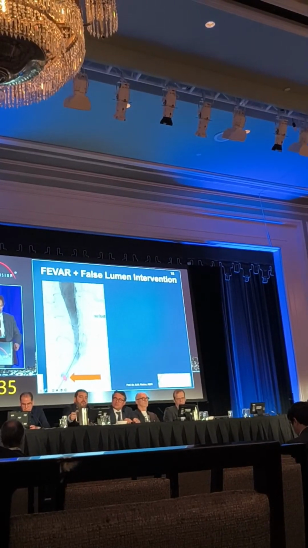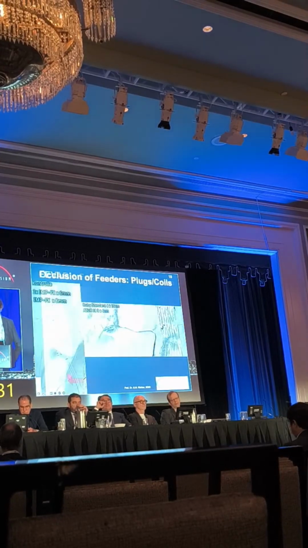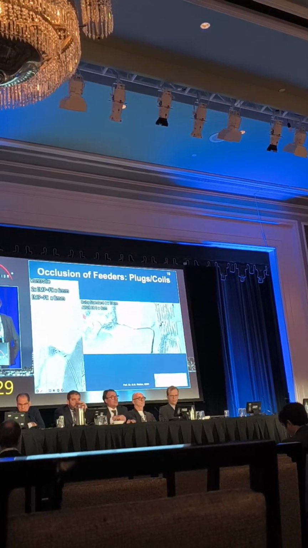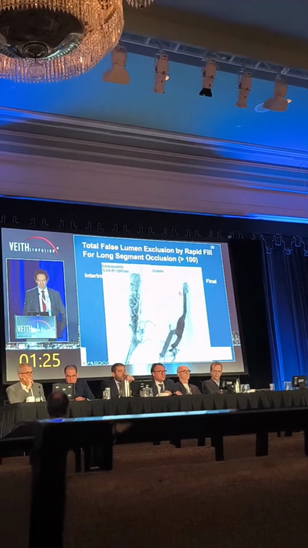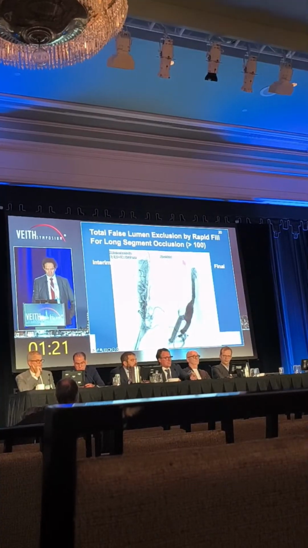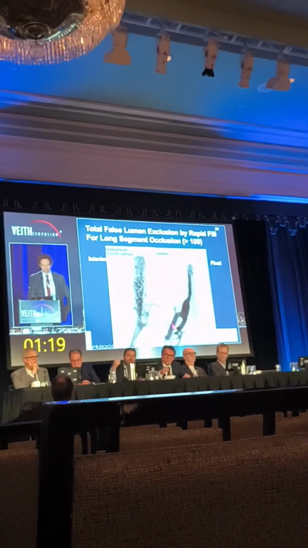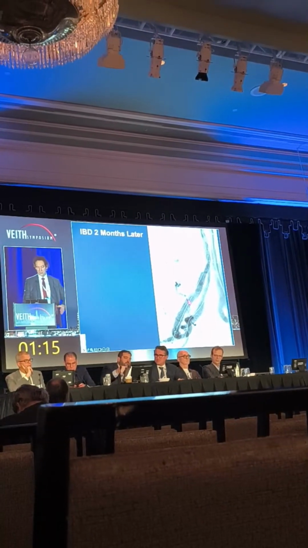The other problem was that you had a large re-entry down here in the external iliac. So we decided to try to close all those inflow and through-flow collaterals, fill it up with rapid fill to make sure that all those feeding vessels are occluded, and secondarily place an IVUS two months later.